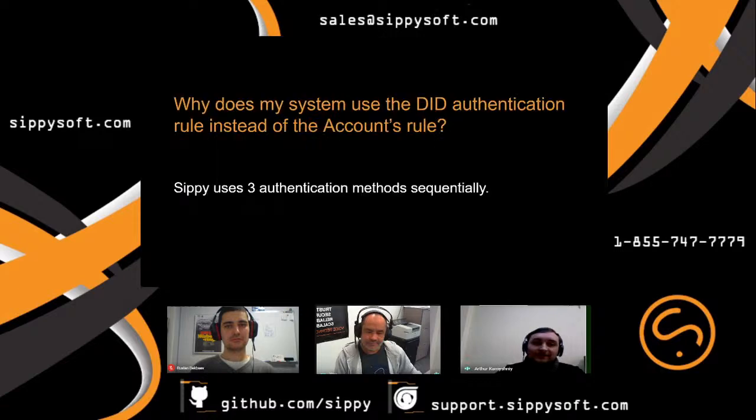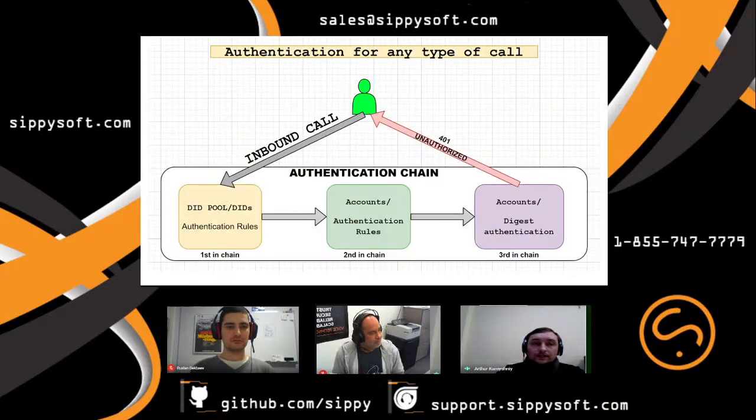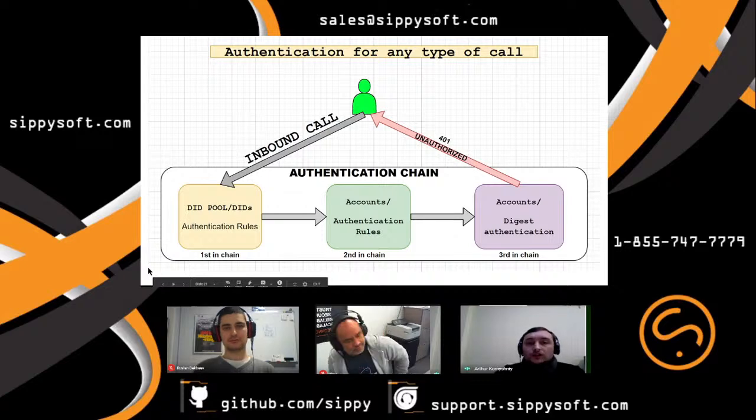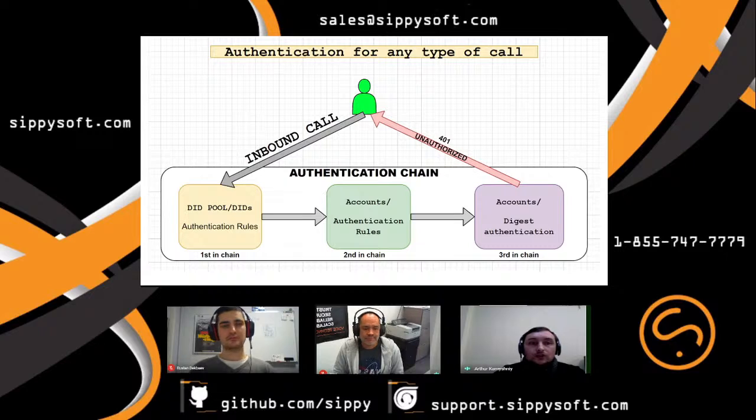So the next topic: why does my system use the DID authentication rule instead of the account's rule? Could you please, Fred, click on the next slide? Actually, in the process of Sippy soft switch configuration, every operator should clearly understand the authentication logic which the Sippy soft switch uses and follows.